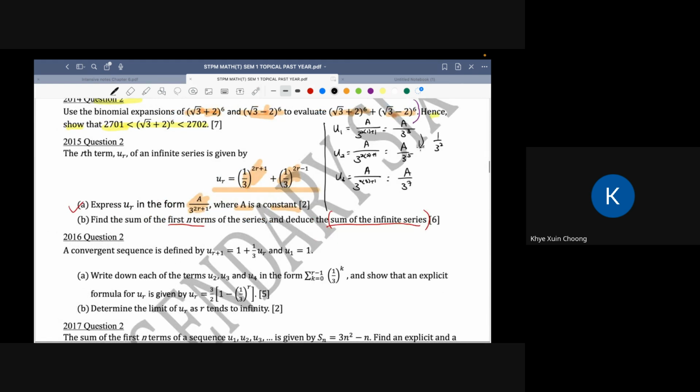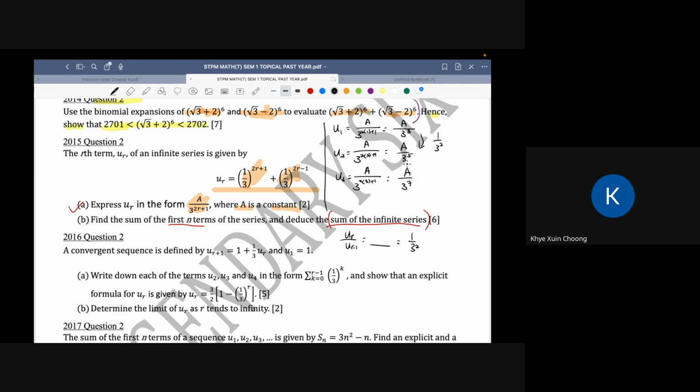The proper way is to use u_r over u_(r-1) and get the common ratio, so you express it in terms of r. Okay, this is the proper way. If you divide it, you will still get 1 over 3 squared. This is the not so proper way, which means that we see from specific cases.